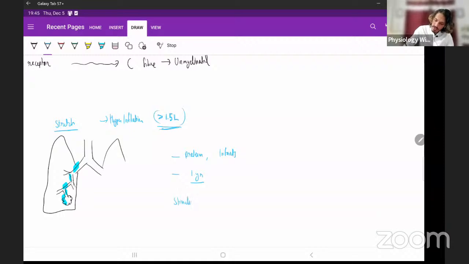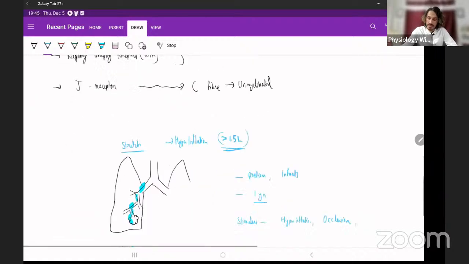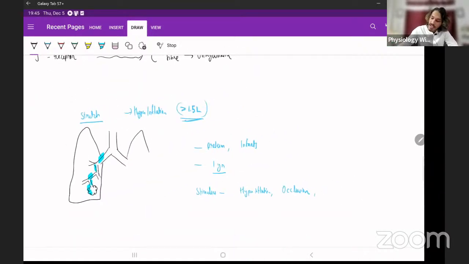Any sort of hyperinflation or sudden occlusion that is happening, this sort of stretch. So this is your slow adapting receptors, and this is what we call the Hering-Breuer reflex.